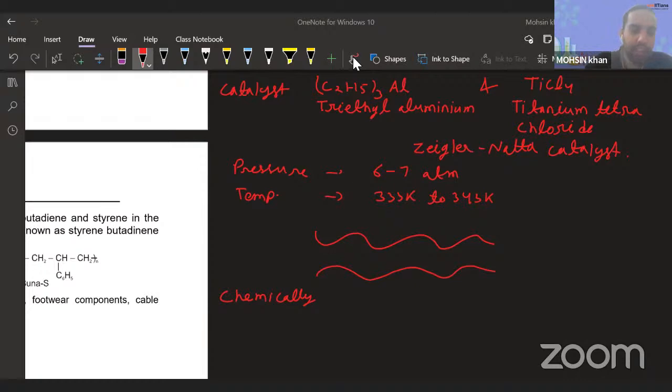Okay, so high density polythene is also chemically inert. It is more tough than the low density polythene, more tough and hard.